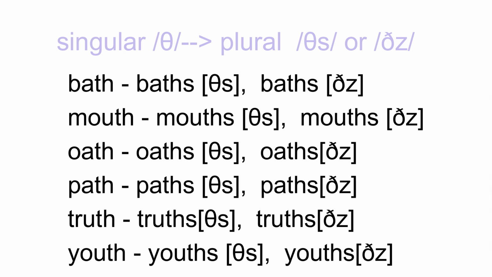The following words in their singular forms end with the th sound, but in their plural forms, they can be pronounced either voiced, "ths," or voiceless, "ths." For instance, bath can be said either as "baths" or "baths." These are such words: bath, baths.